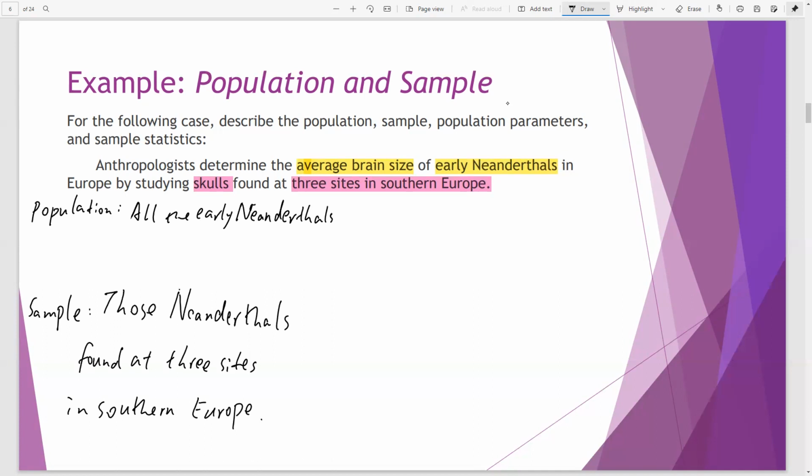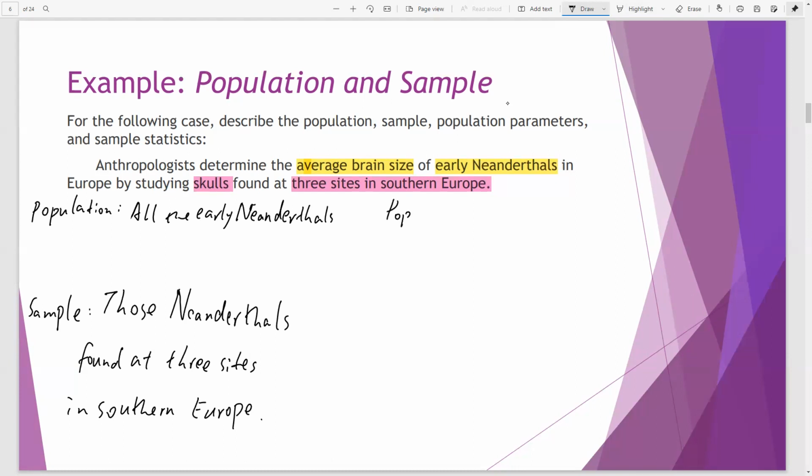It's named by a place in Germany, right? So those Neanderthals were found in a place called Neanderthal in Germany, and the question provided South Europe. So those human beings found at 3 sites in Southern Europe, that's only the sample we get, right?